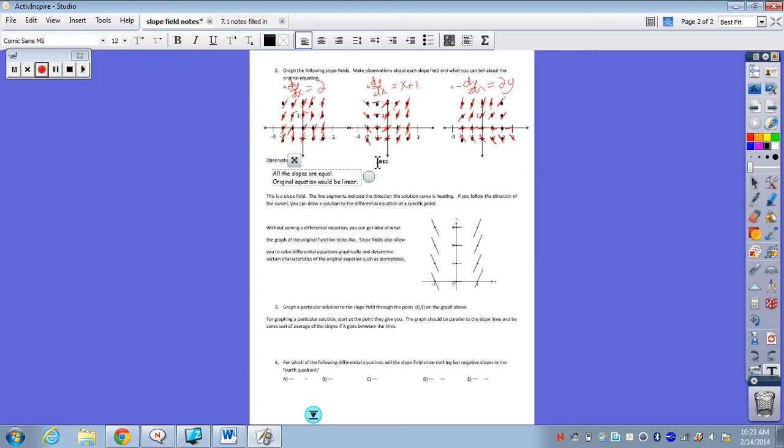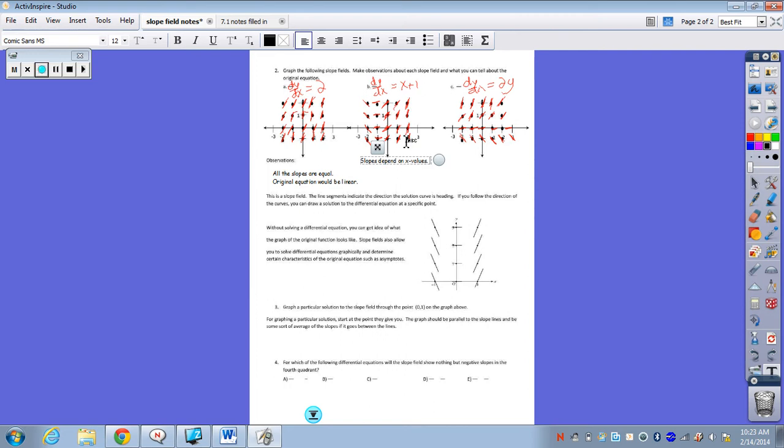For b, we get x plus 1, and the slopes just depend on the x values. So we can see that when we have an x value the same, all the slopes are the same. So when x is -1, the slope was 0. When x is -2, we get a slope of -1. When x is 0, we get a slope of 1. And then at 1, it's 2, and at 2, it's 3.